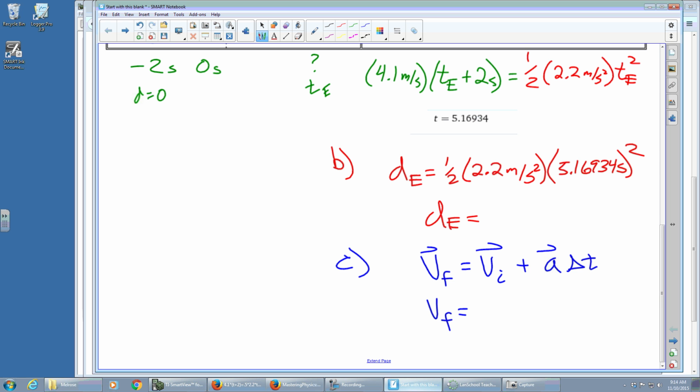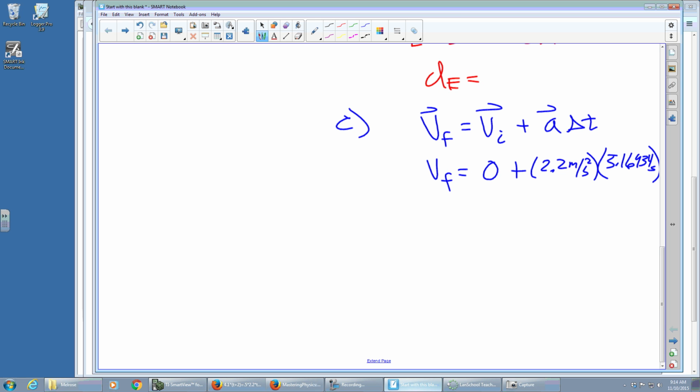How fast is what we refer to as U going at the beginning? 0 plus 2.2 meters per second squared. My delta T is the 5.16934 seconds. And I just find V final.